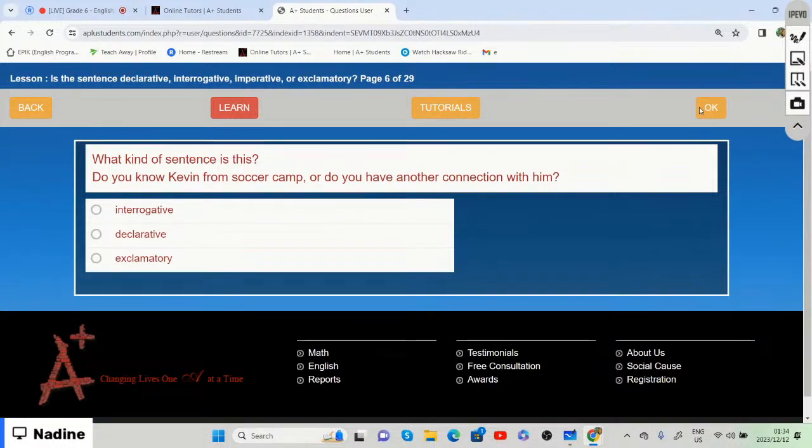And do you know Kevin from soccer camp? Or do you have another connection with him? Is it interrogative, declarative, or exclamatory?